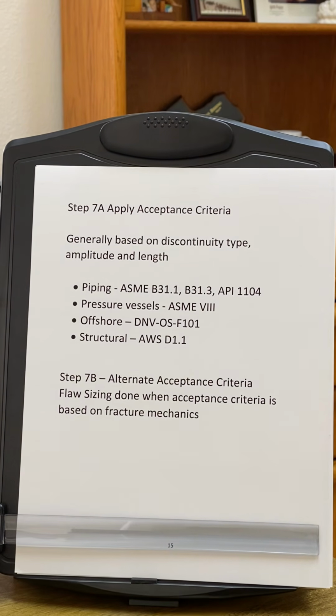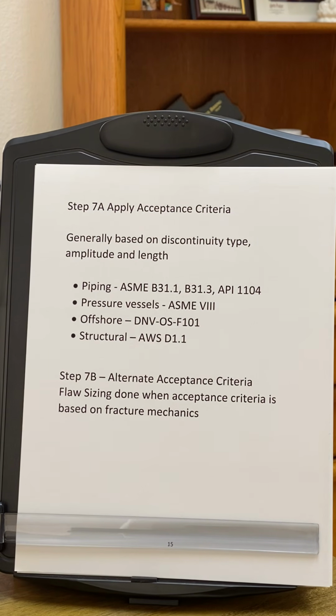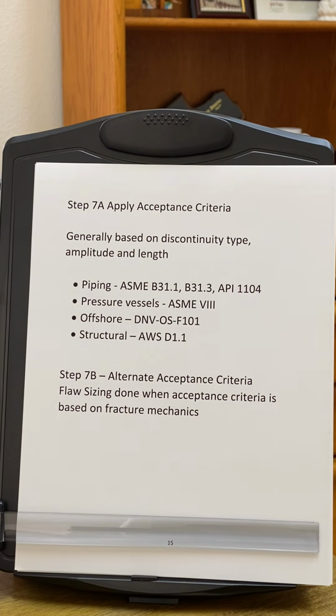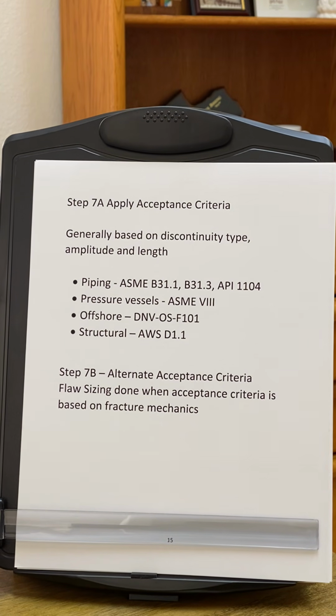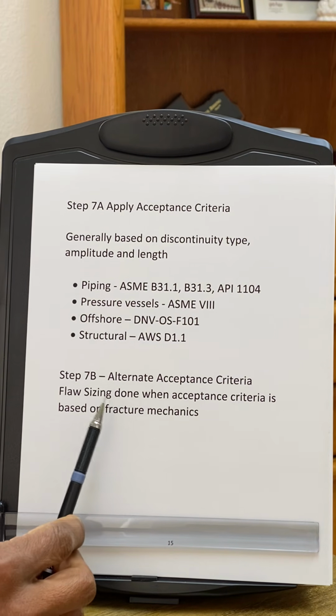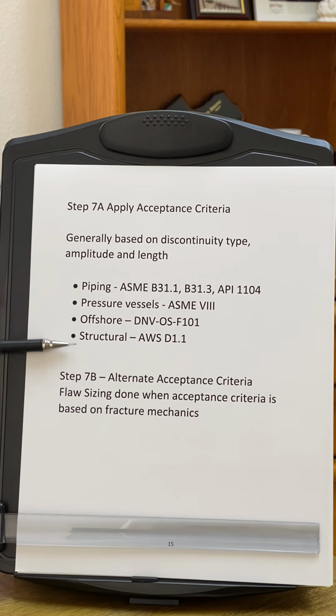Now there are many additional standards also, which are written by ISO, and those are also applicable for weld inspection. So you have to look for those. And then the last step is, this is actually the conventional acceptance criteria.